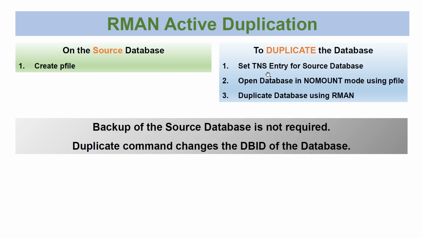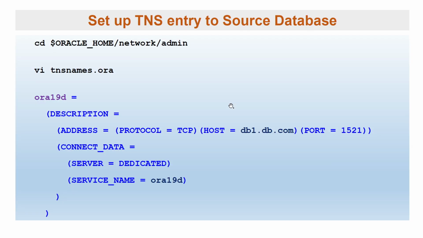First, connect to the source database. Second, open the database in no mount mode. Third, duplicate the database using RMAN. Now, let's see how to set up the TNS entry to the source database. Go to your Oracle Home Network Admin. Under that, there will be a file called tnsnames.ora. If there is no such file, create a new file, and under it add an entry for aura19d, which is the source database.